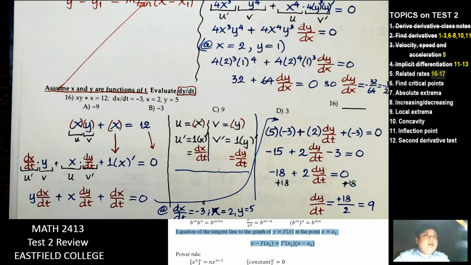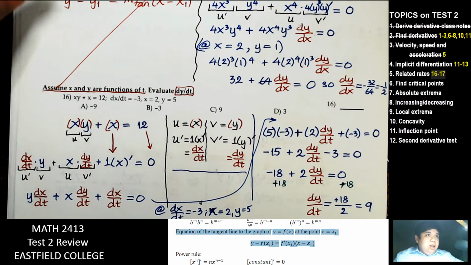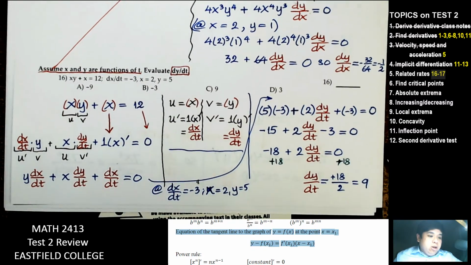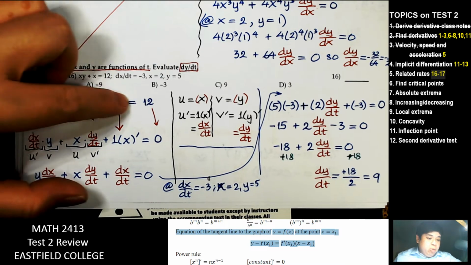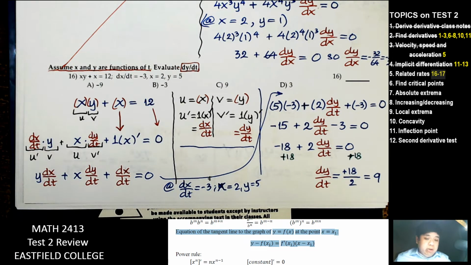Yeah, so it will be that. Yes, in the related rate problem, usually every variable is a function of t. So in that case, we put the parentheses around it and take the derivative.